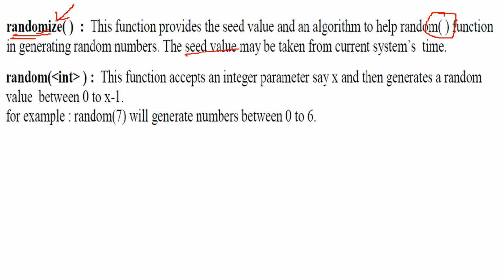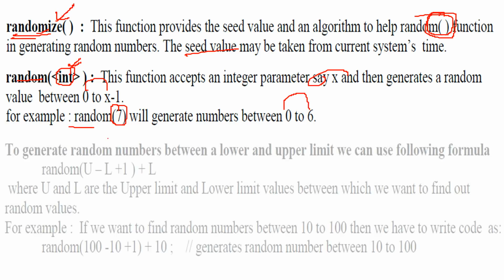So randomize is providing the seed value and also the algorithm to help the random function generate random numbers. Now random takes an integer parameter, say x, and generates a random number between 0 to x minus 1. Please understand, 0 to x minus 1. That means if you have random and inside it 7, this is going to generate between 0 to 6.